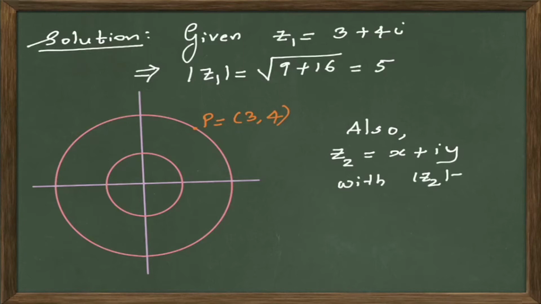Let us denote this point by Q, which has coordinates x, y. Remember, in the question we are asked to find the least and the greatest values of the absolute value of the complex number Z1 minus Z2, where Z1 is a fixed complex number and Z2 is a complex number moving on a concentric circle of radius 2.